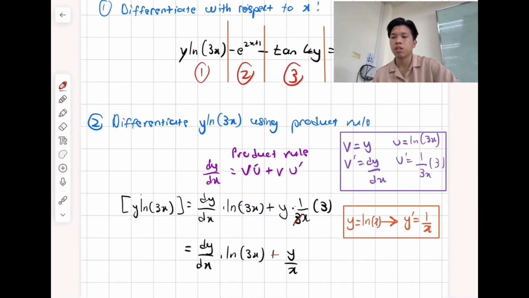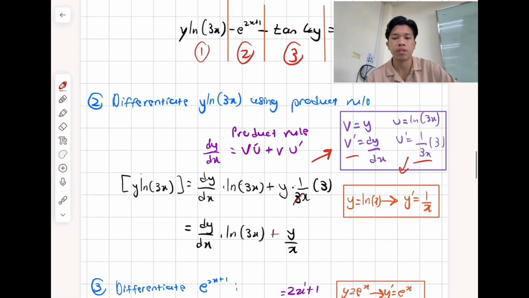So the first one is we have to differentiate y ln 3x using the product rule. I've shown you on the right side. We have to identify which one is v and which one is u, and then we can differentiate. On u prime, you might be a little bit confused, but actually we have to use the formula of differentiation.